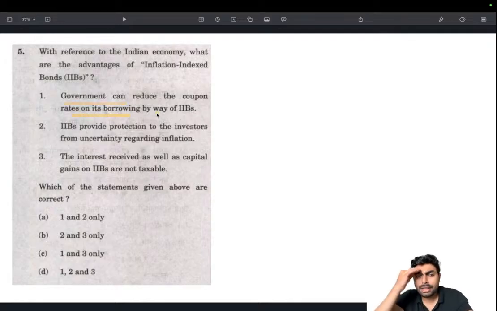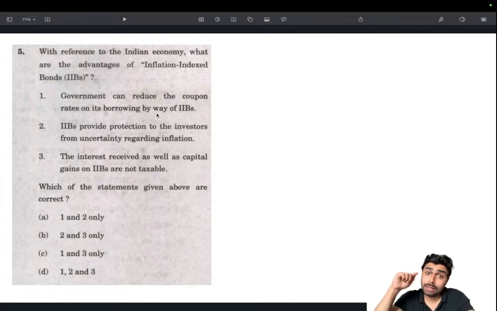This can get slightly confusing: if the bonds are inflation indexed, how can the coupon rates on its borrowing be reduced? First of all, I have always told you that risk and reward are directly proportional. If a bond is inflation indexed, obviously the coupon rate will be relatively lesser than a conventional bond or bonds with similar ratings. So government can actually have a reduced coupon rate for inflation indexed bonds.